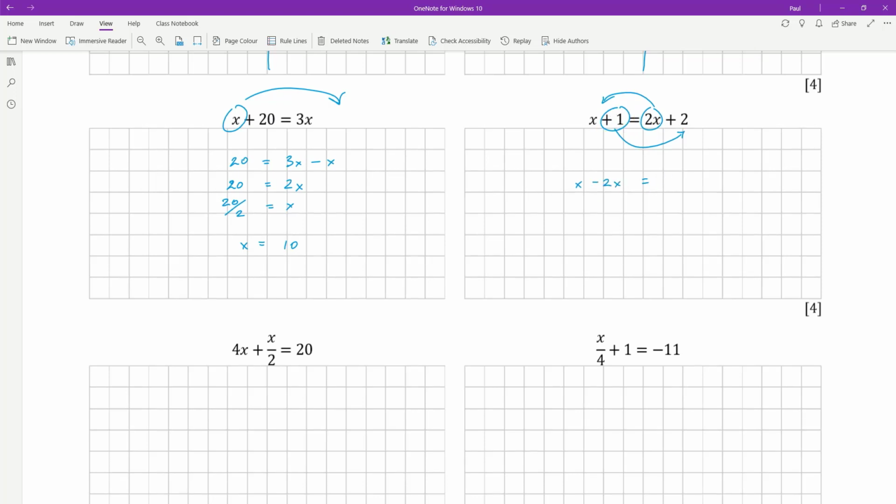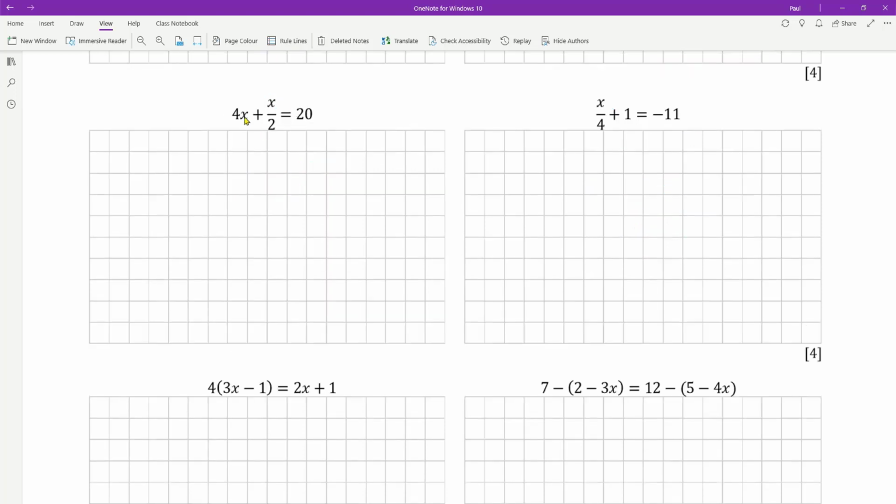Now that's a positive 1, so on the other side will be minus 1, so the plus 2x there, but we don't need to have the positive there, minus 1. So x minus 2x equals minus x. 2 take 1 is equal to 1. So remember this is actually times by negative 1. So on the other side, I will divide by negative 1. So x is equal to minus 1.